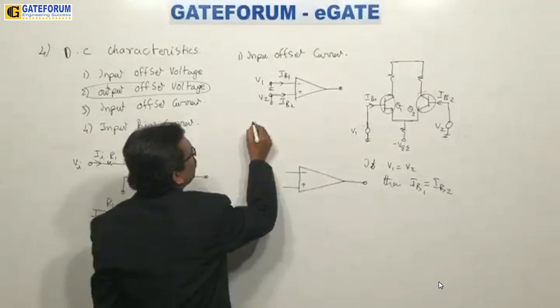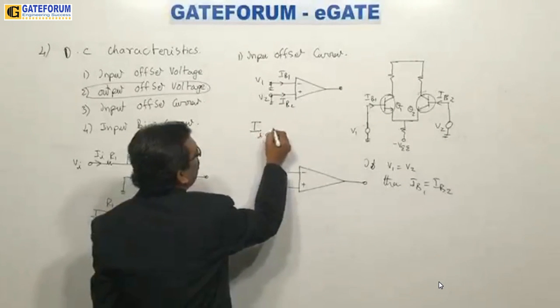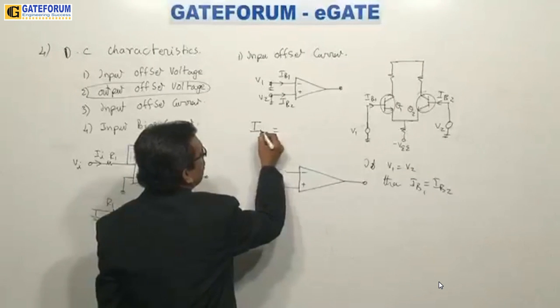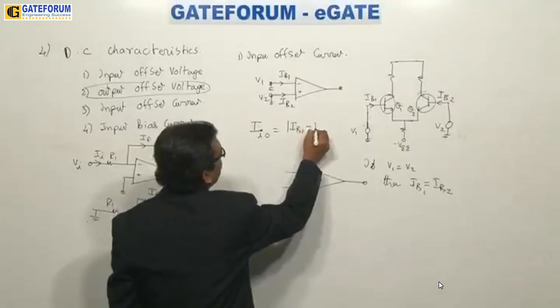Therefore, the difference, I call it the input offset current IIO, that is IB1 minus IB2.